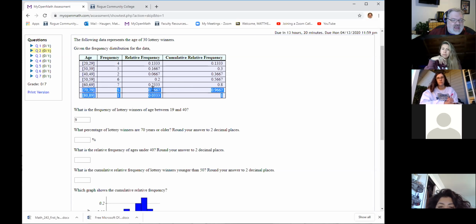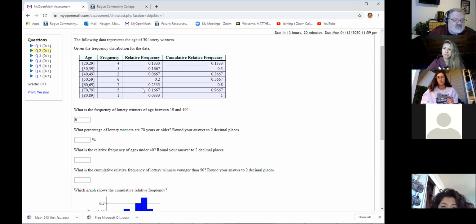Or we could add these relative frequencies together. So the 0.1667 plus the 0.0333, add those together to get the percentage of lottery winners. Or we could even go one further, and this is actually handy with cumulative relative frequency.